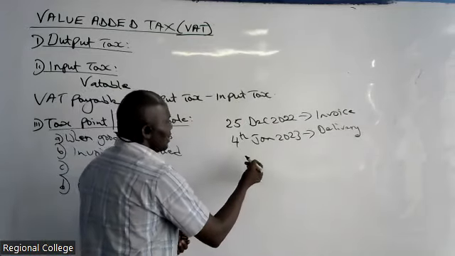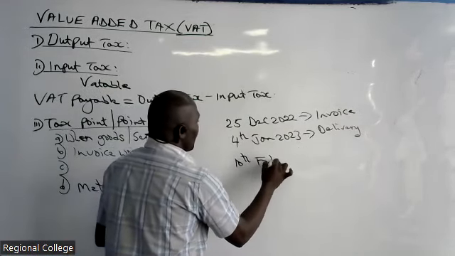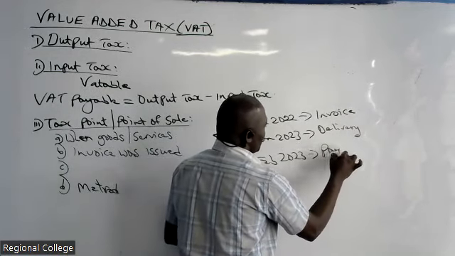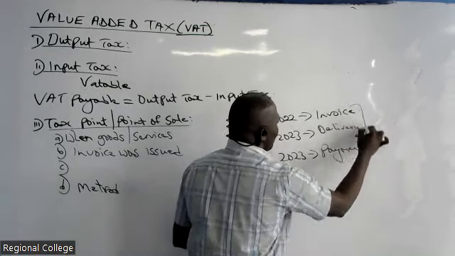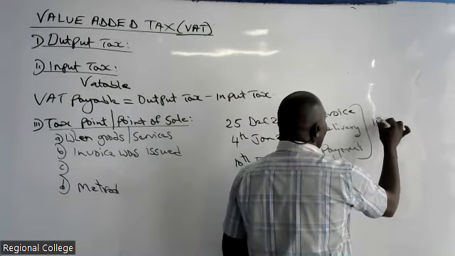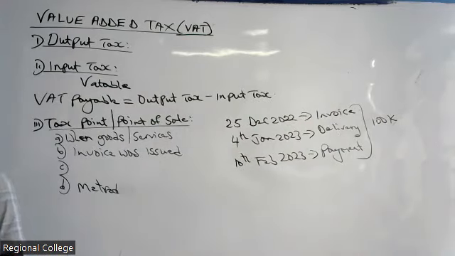Alafu unapata, after delivering the goods on 10th of Feb 2023, payment was made. And all these transactions may be related to goods valued like 100K. So swali ni, in which month shall we claim that VAT? Is it DEC, Jan or Feb? We have to claim it in DEC.